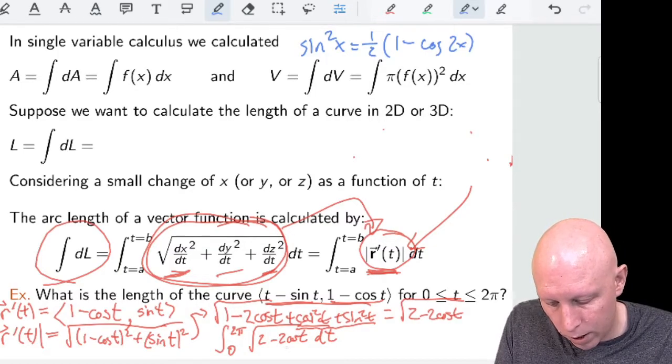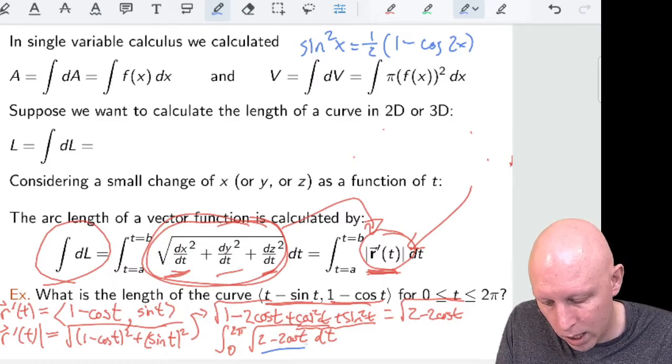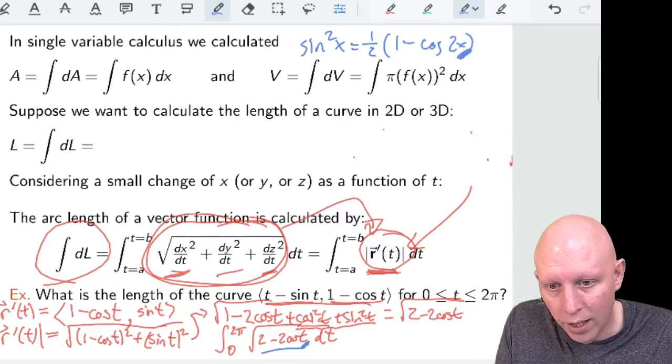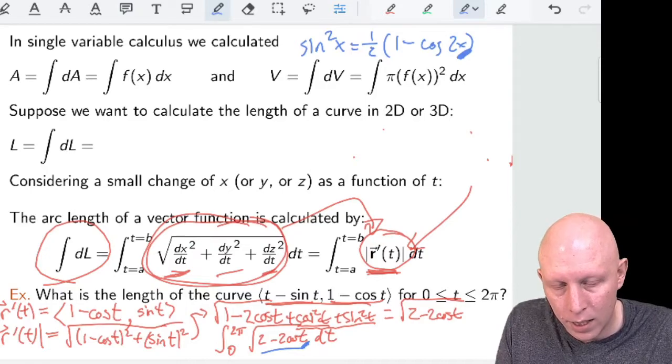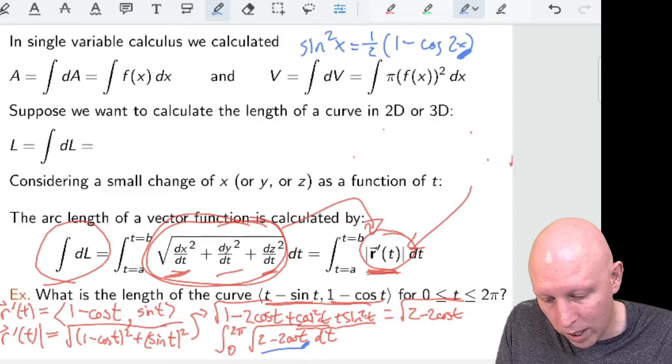So if we look at the structure of this, we need to replace 2x by t.